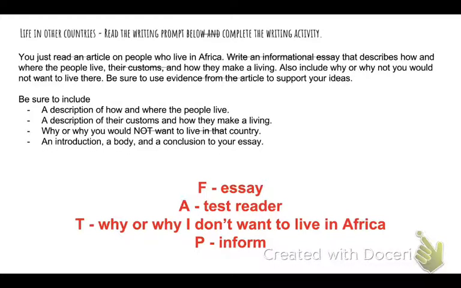So again, I'm looking at my bullet points, and it says be sure to add a description of how and where the people live, a description of their customs and how they make a living, and then why or why not I would want to live in that country. I've already split it into introduction, body, conclusion. So if I take away that part, I have 3 bullet points that I need to write about.